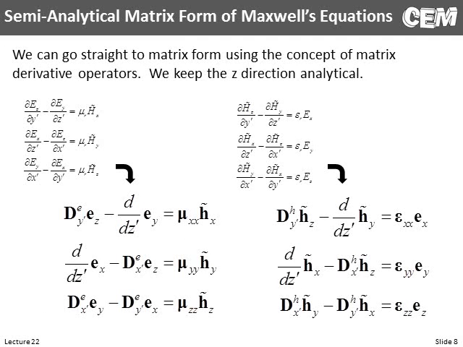So in a z uniform media, we can take Maxwell's equations. We will then approximate the x and y derivatives using finite differences, and we will leave the z derivative analytical, very similar to what we did for rigorous coupled wave analysis. But now we're equipped, having been through all the finite difference stuff, to jump immediately from our analytical differential equations to finite difference equations. However, these still contain an analytical z derivative, but we have a set of matrix equations, if you will.